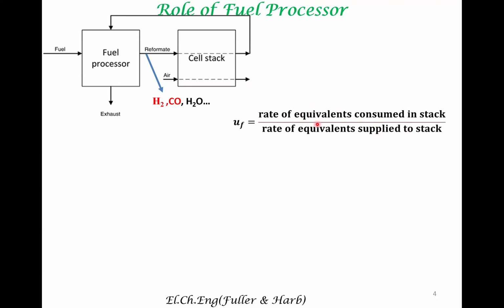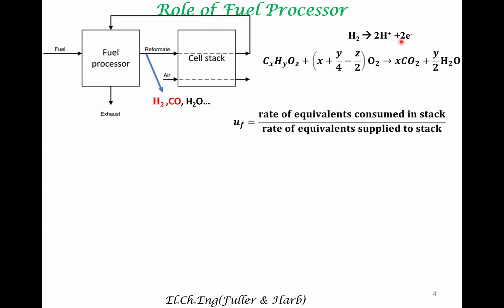Let's understand what we mean by equivalence. The best way to think about it is in terms of electrons. For example, if you have hydrogen as a fuel, for 1 mole of hydrogen, 2 moles of electrons are generated. So for 1 mole, there are 2 equivalent moles of electrons.